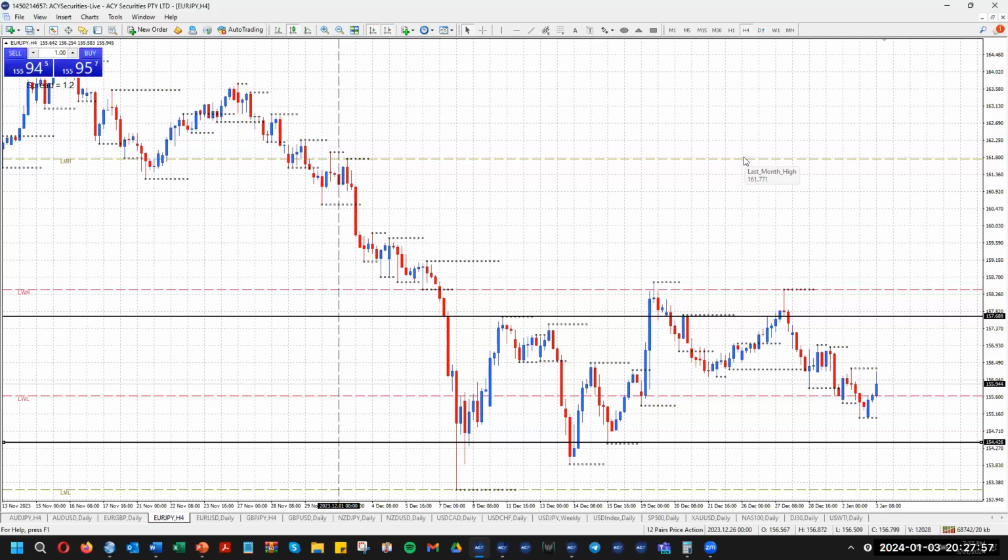All right, so how can we get in? Well, it's a bit difficult here, maybe. But what we do get is price coming back up to retest here.